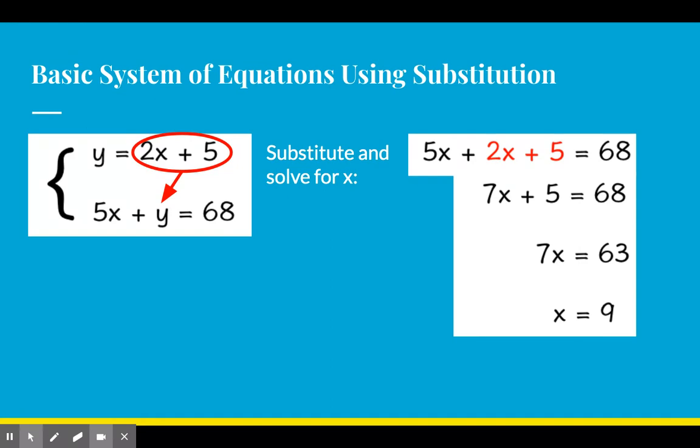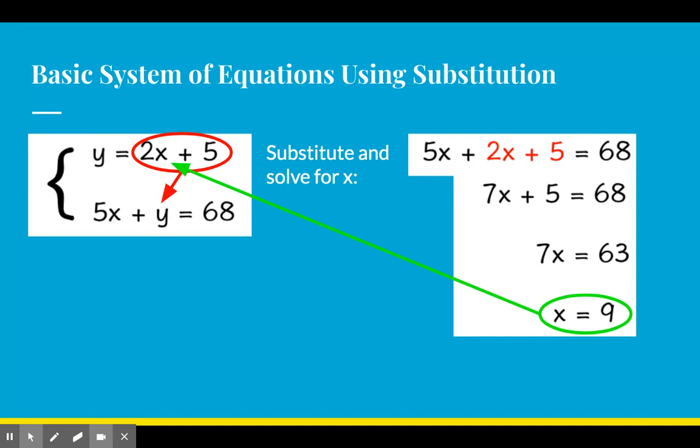So what I'm going to have to do is take this x value and plug it into one of my equations to find the y. It doesn't matter which equation you plug it into from the beginning. Sometimes one might be easier than the other. I personally would plug it into the top one because it's already y equals. There's not as much work involved in this one as there would be in the second one.